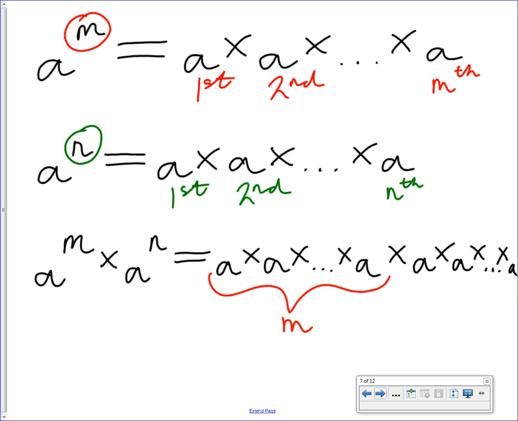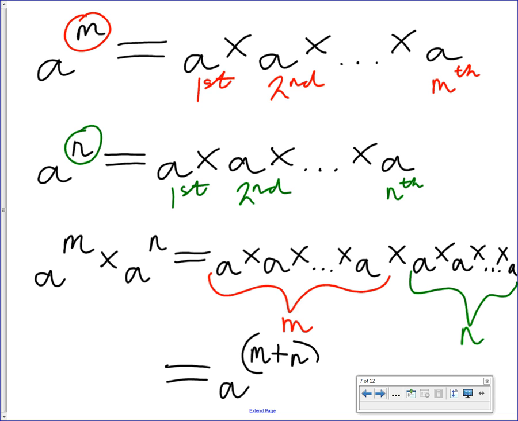So, on the right-hand side of this equation, I'll have written out m lots of a's and put multiplication signs in between them. I would have written out n lots of a's and put multiplication signs in between them. So, altogether, I will have m plus n as a power. So, that's the first rule of indices.